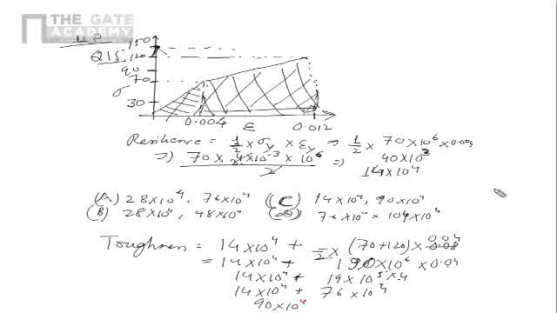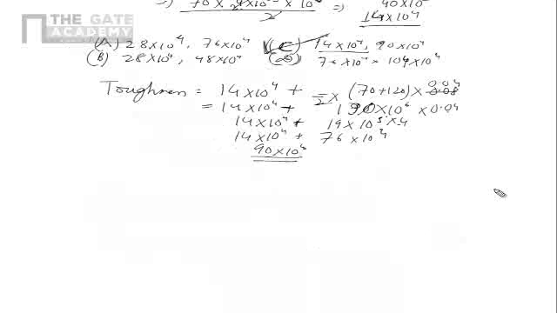So that's the answer, option C, because this is this and this is this. So option C, 14 and 90, they are the right answers.